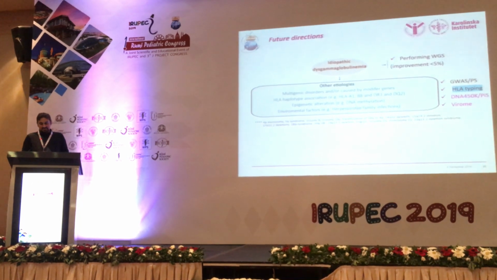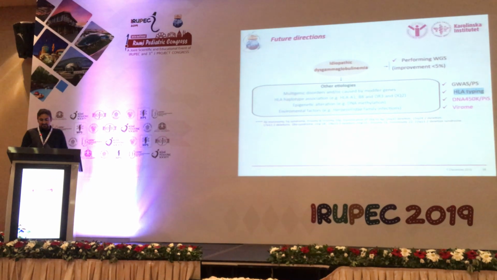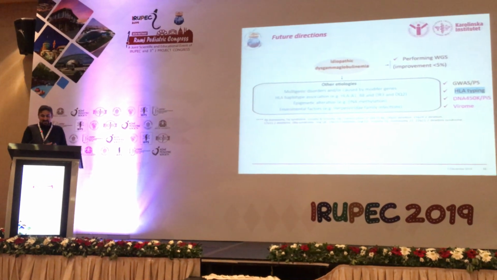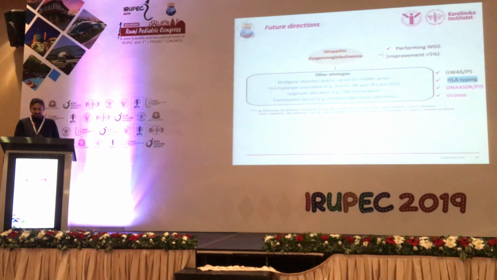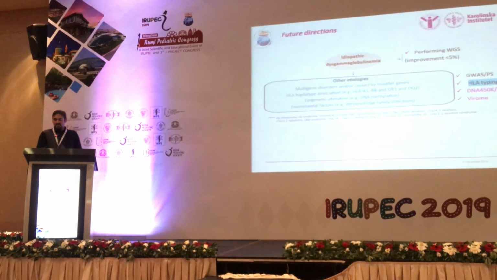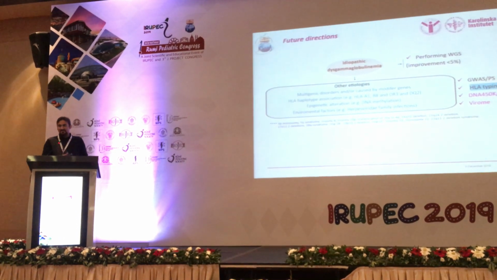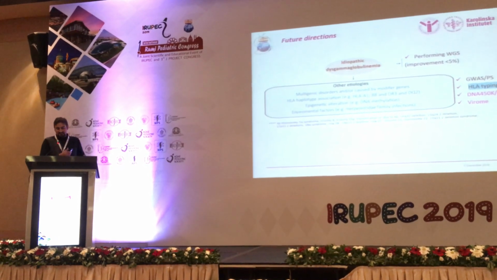What we should do in the future: we know that HLA typing should be done not only for the patients who are non-monogenic. Maybe HLA typing also has a role in those we saw were higher in the monogenic patients, where it may better predict the phenotype, for example a severe phenotype in a specific family.